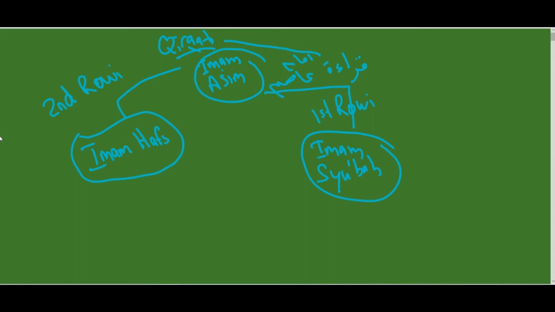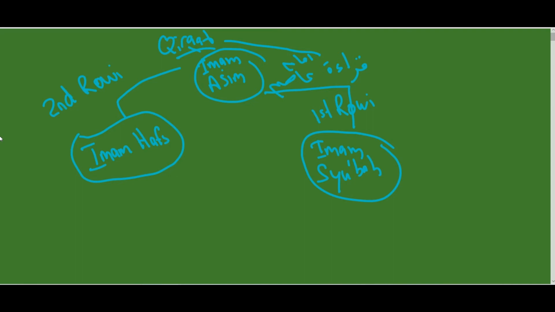Because of his knowledge, Imam Shu'bah was put forward to be the imam. During his recitation of a surah, not Fatiha, the students behind him heard Imam Shu'bah recite differently from how Imam Asim taught Imam Hafs. You get what I mean?